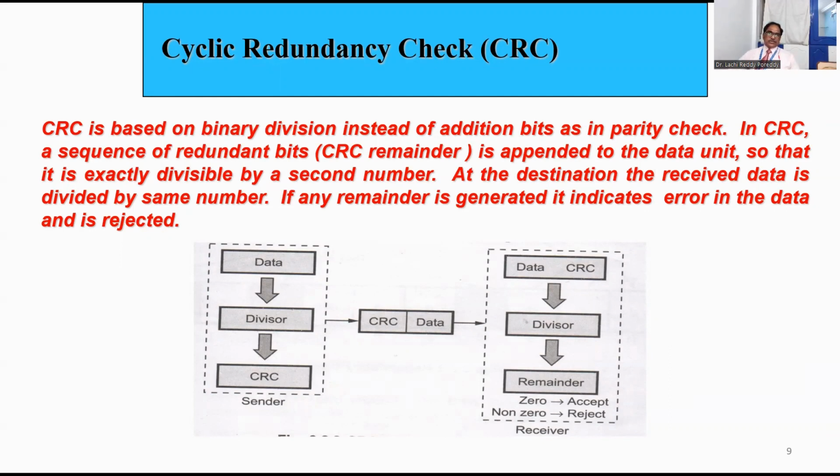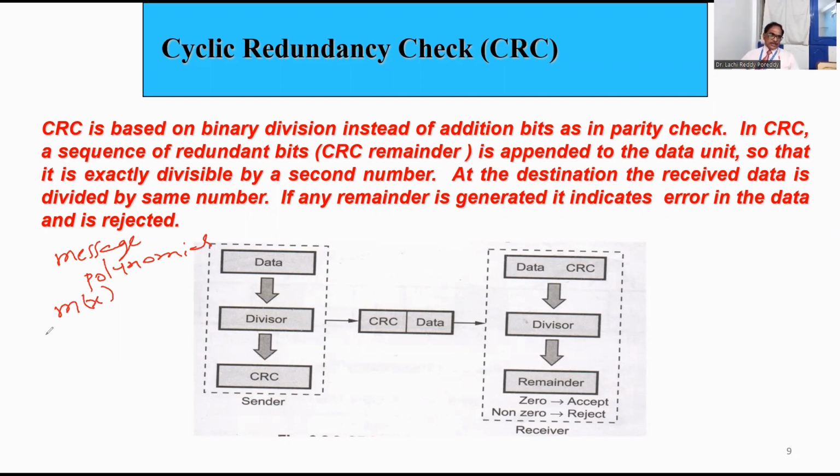Suppose I want to send data, which we are going to call the message polynomial, m of x.